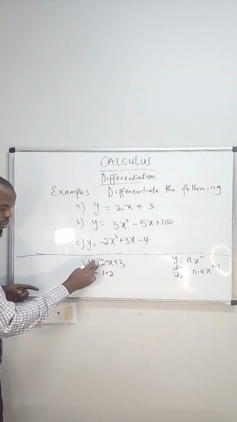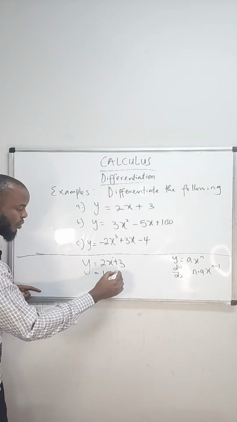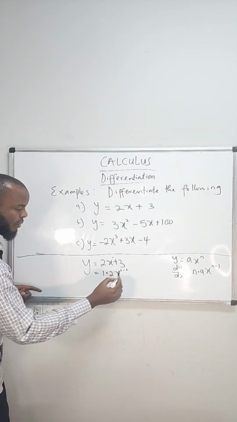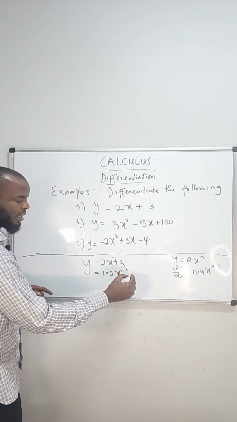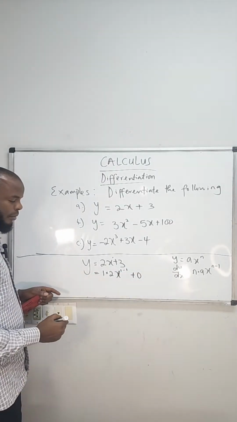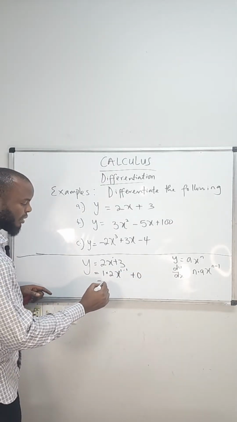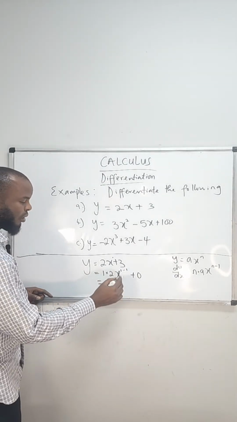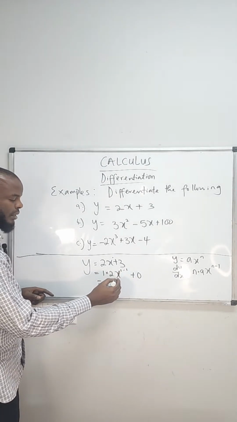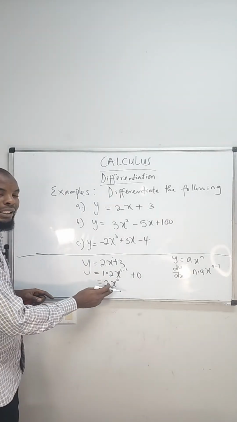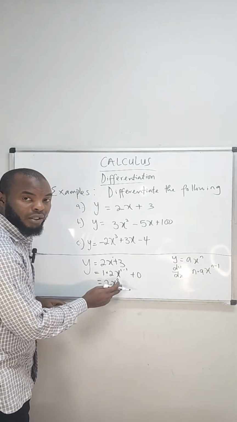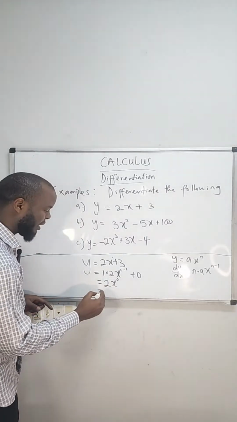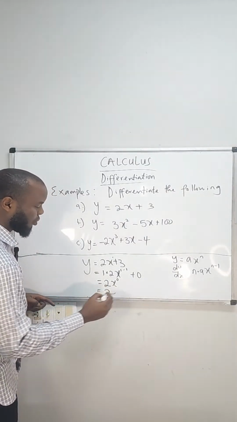The power multiplying this, x to the power of what? 1 minus 1. And I told you constant is what? 0. So 1 times 2 is still going to be 2. x to the power of 1 minus 1 is what? 0. And anything to the power of 0 in mathematics is what? 1. So finally, 2 times 1 is 2.